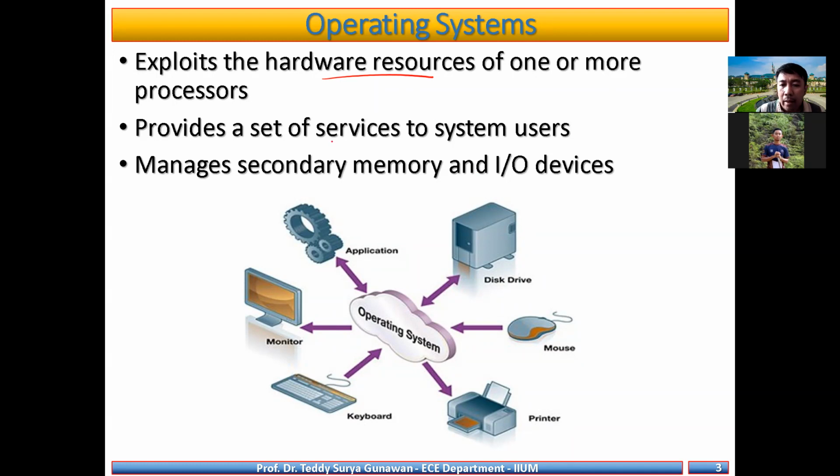It also provides a set of services to the system user, so you can have the video camera, microphone, printers, LCD monitor, and I'm also using the tablet pen to write down here. The other function of the operating system is to manage secondary memory and I/O devices.